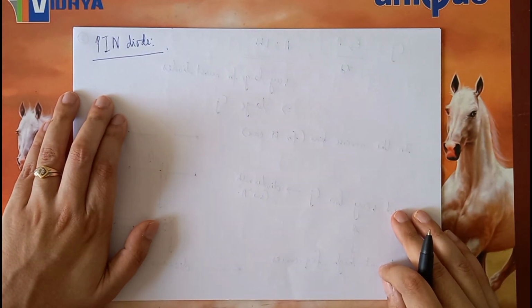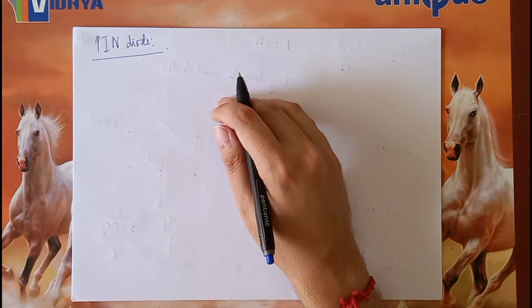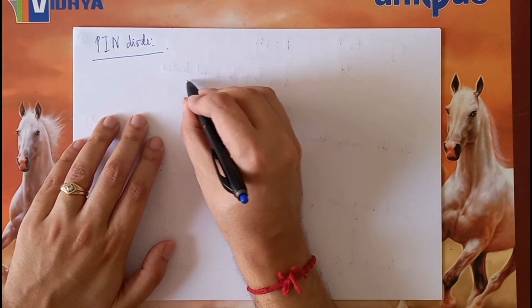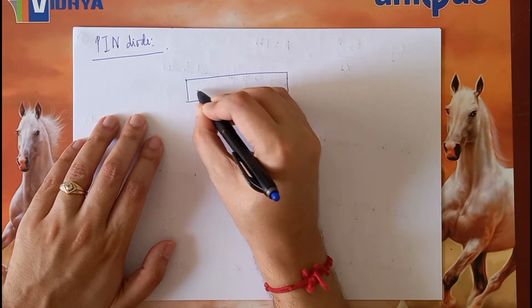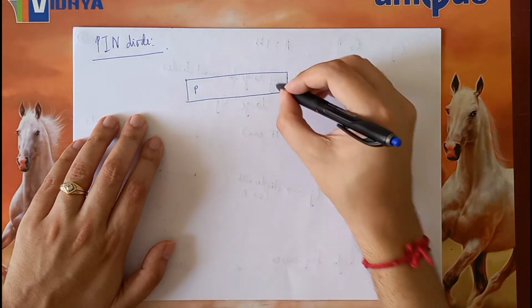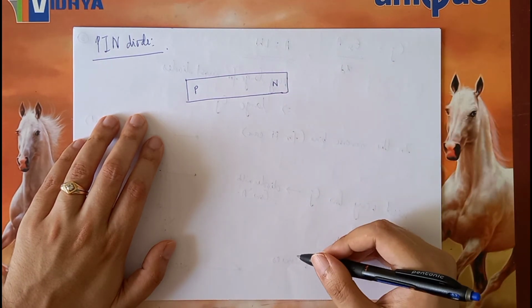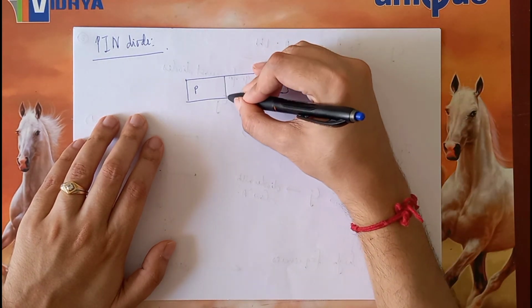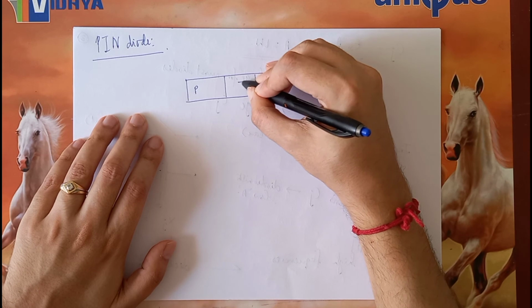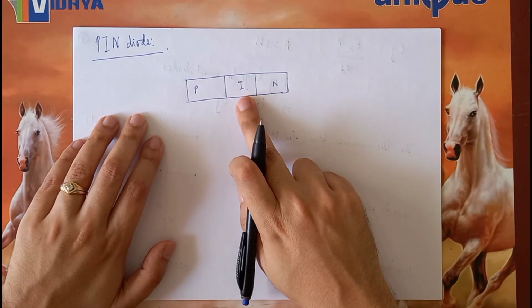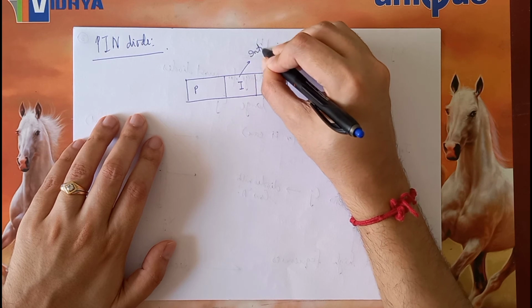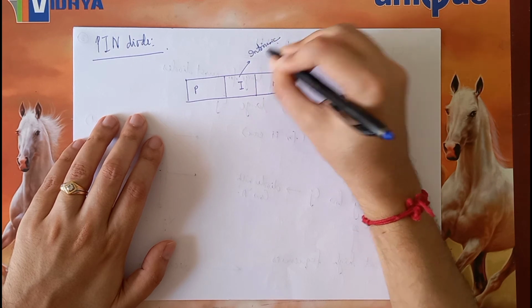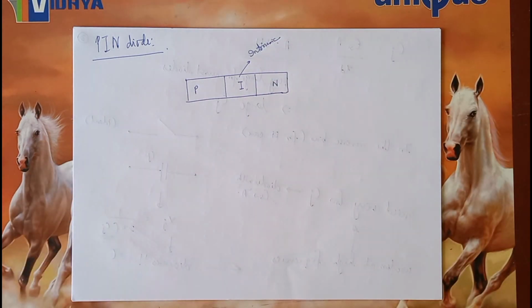The pin diode essentially looks like this. It has a P-type semiconductor, it has an N-type semiconductor, but in the middle there is also something called I, and this I stands for intrinsic. It has an intrinsic semiconductor layer.